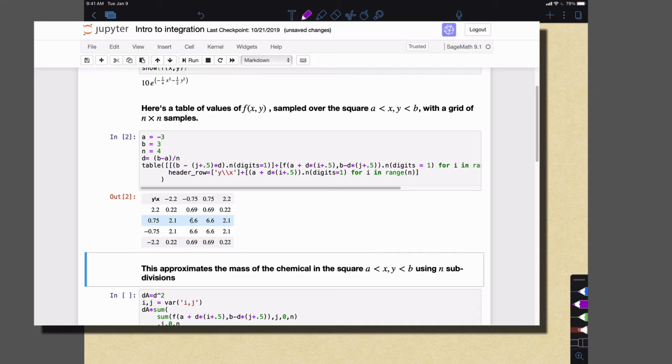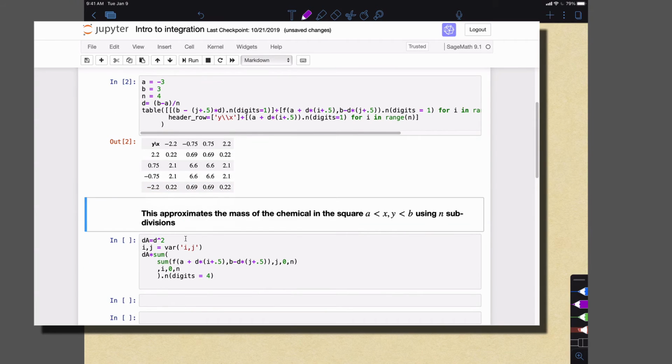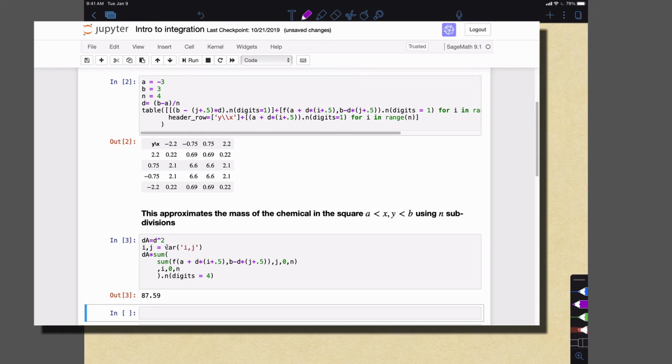That is, this 6.6 is the kilograms per square kilometer that we would find in that particular square of our 4x4 subdivision. And now if we multiply each of those samples by the area of each of its subdivision rectangles, we get a total answer of 87.6 kilograms of the chemical.